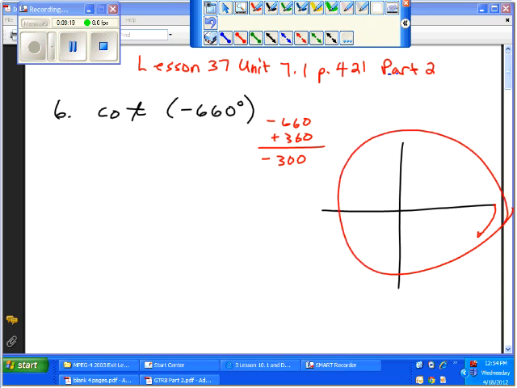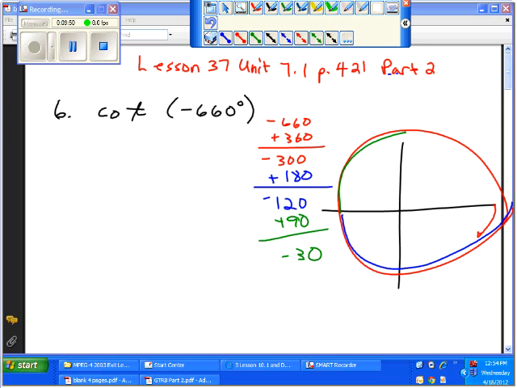You can't take another all the way around out, so we're going to take out a halfway around. And that leaves us with negative 120. We've got to get down to an acute angle, right? So we need to take out a 90 now, a fourth of the way around. And we end up with negative 30. Now 30 would be in quadrant 1.